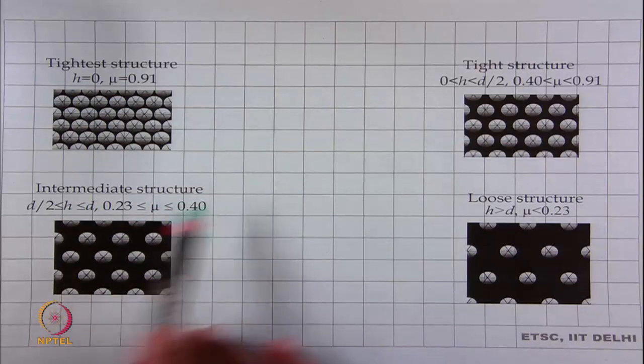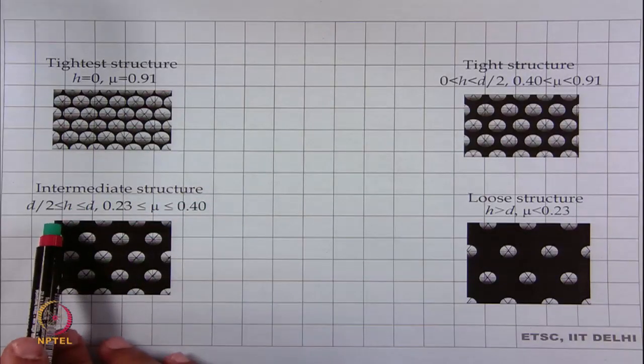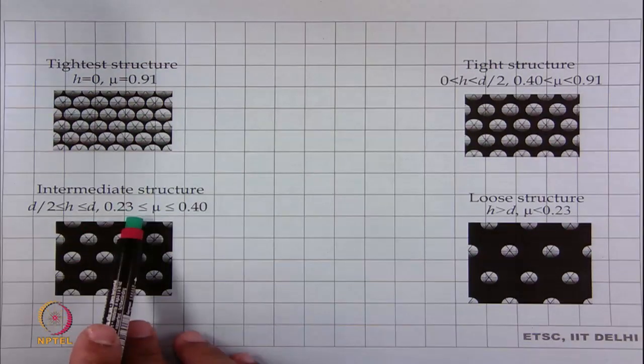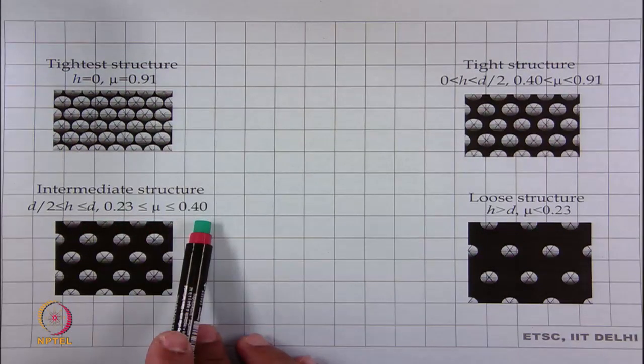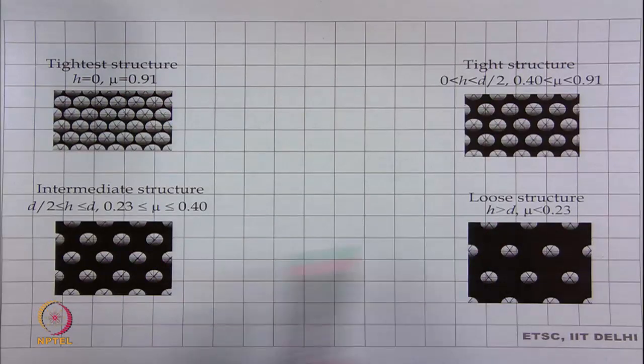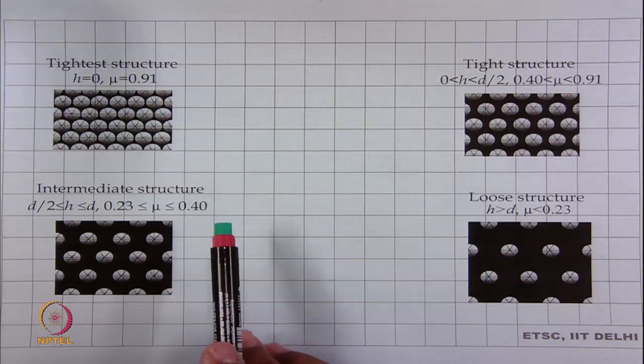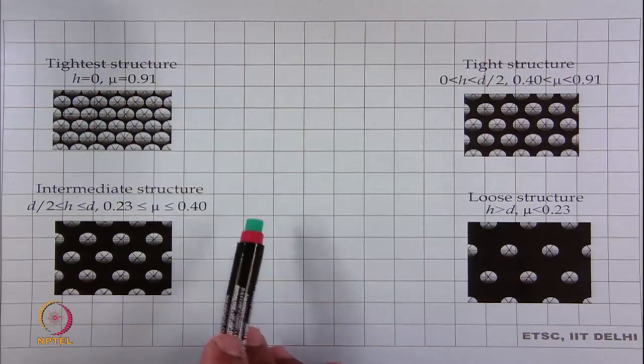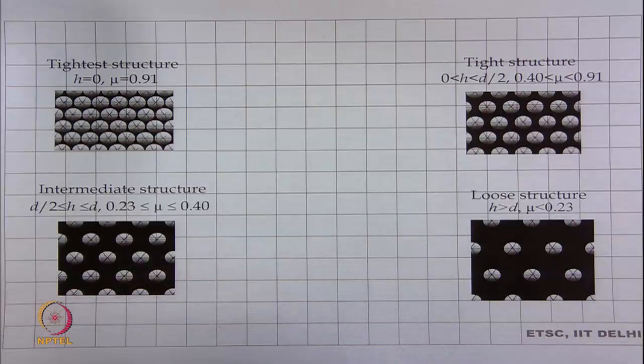Intermediate structure, the distance between fibers ranges from half of the diameter to diameter, accordingly packing density ranges from 0.23 to 0.40. For loose structure, distance between fibers is much greater than fiber diameter itself, accordingly packing density will be very low, less than 0.23. So, this completes our discussion on packing density.